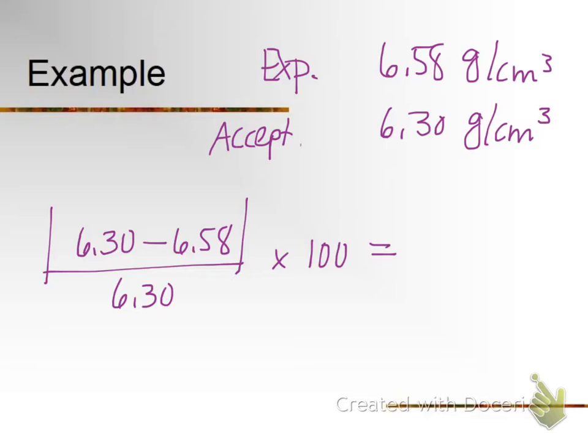Yes. 4.4. Yep, like 4.444%. So that is the correct percent error. Okay? So your scientific method is, if you can get it by the end of the period, great. If not, you can bring it to me tomorrow.